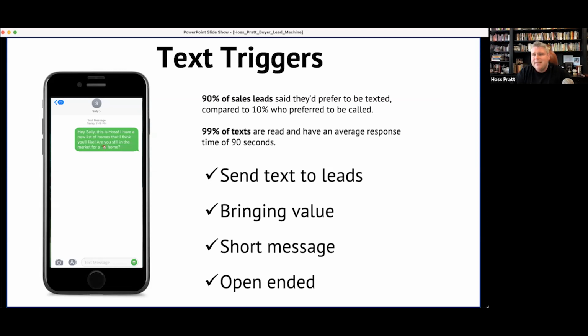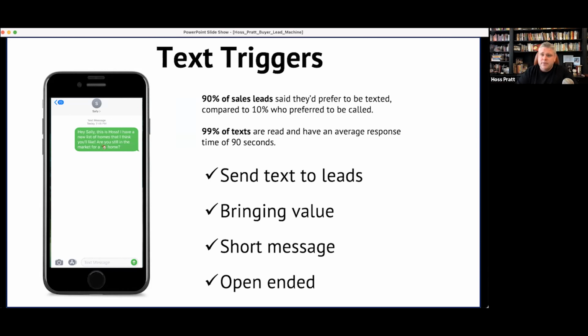So similar to a text is the subject line in an email. We want them to see it. We want to create interest because 99% of texts are read and have an average response time of 90 seconds. Here's direct response marketing. You text your leads today, something of value, and immediately within 90 seconds, they reply, sure, I am interested. Right? Now we have people to talk to.